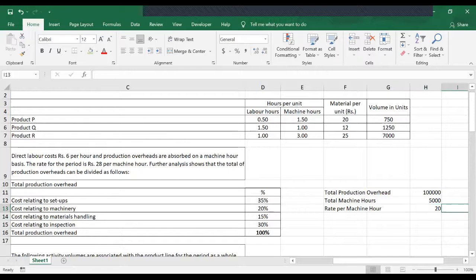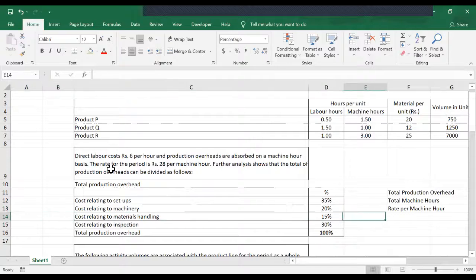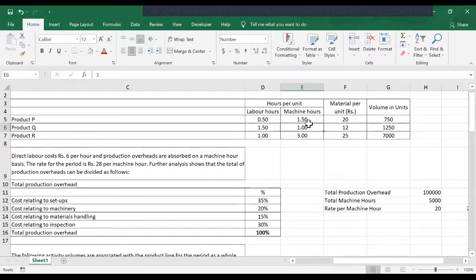Now in this case, we have been given the rate of 28, and the total machine hours we have to calculate. We have been given the machine hours per unit and the number of units, so we can easily find out the total machine hours. Once we figure out the total machine hours, we can back calculate this one.